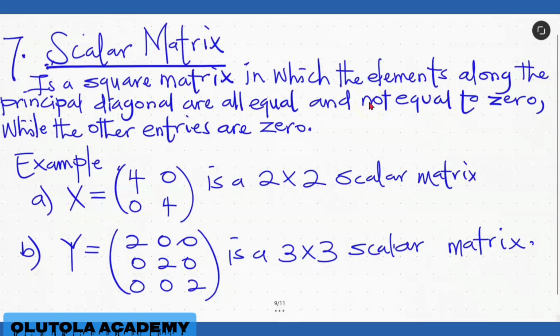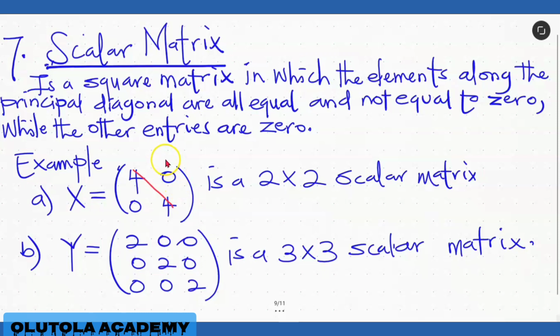Then the seventh is the scalar matrix. A scalar matrix is a square matrix in which the elements along the principal diagonal are all equal and not equal to 0, while other entries are 0. So once again, we focus on the principal diagonal.